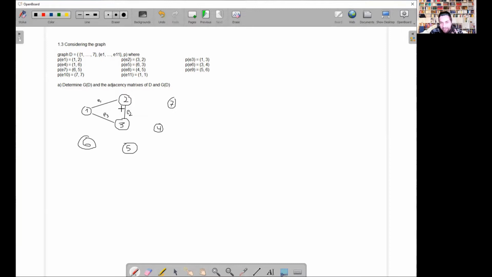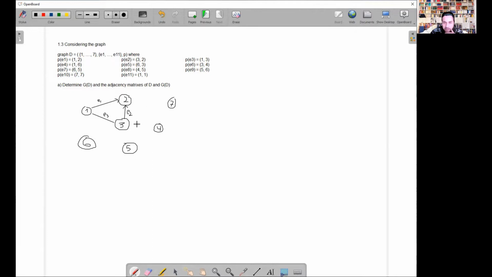okay, this was the directed version. So remember that in this case, we need to put an arrow at the end of the line, right? So for instance, in E2, it links 3 and 2, so the final node is 2.